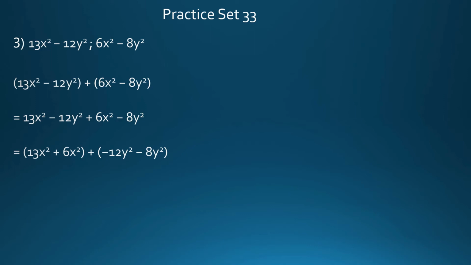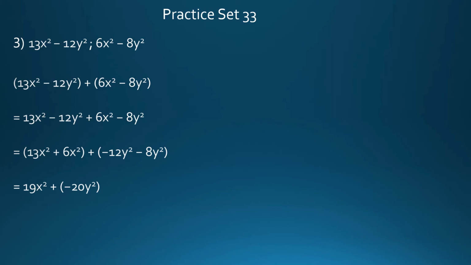In the next step we are going to bring like terms together. So we will have 13x square plus 6x square in one bracket, plus minus 12y square minus 8y square in the second bracket. In the next step, we are going to add these two like terms. 13x square plus 6x square is 19x square, and minus 12y square minus 8y square is minus 20y square.